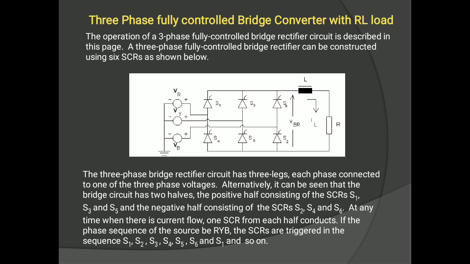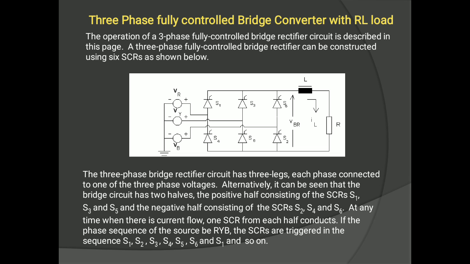In this slide, we will study the three-phase fully controlled bridge converter with RL load. The three-phase fully controlled bridge rectifier can be constructed using 6 thyristors, as shown in the figure. The circuit has 3 legs, each phase connected to one of the 3 phase voltages. The bridge has 2 halves, positive and negative.